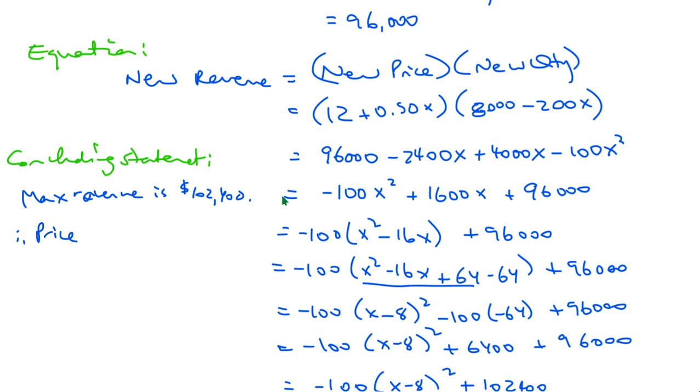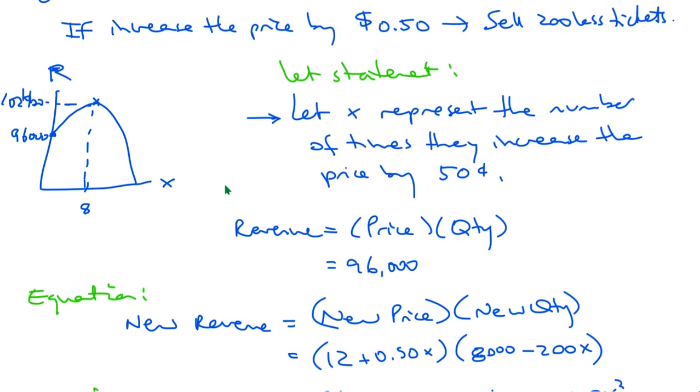The price is equal to the original $12 plus 0.50 times 8. So we want to increase the price 8 times, which is $16. And that $16 is the price that's going to give them their maximum revenue.